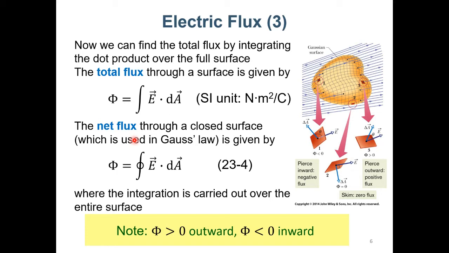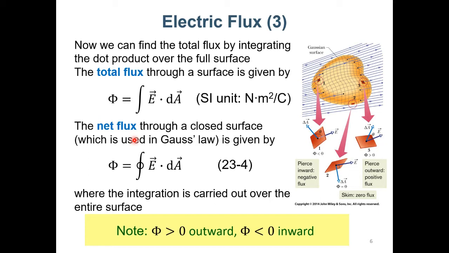I cannot draw a closed surface. Maybe you can imagine it is a sphere. So on this sphere, you can calculate all the d phi equals E dot dA.